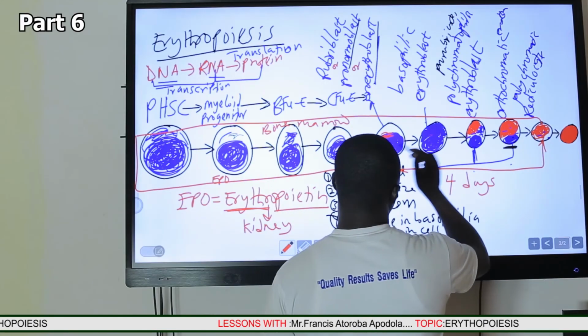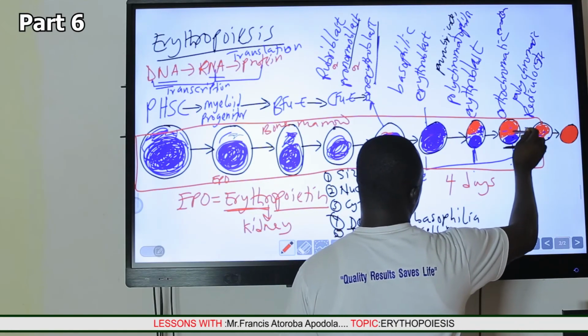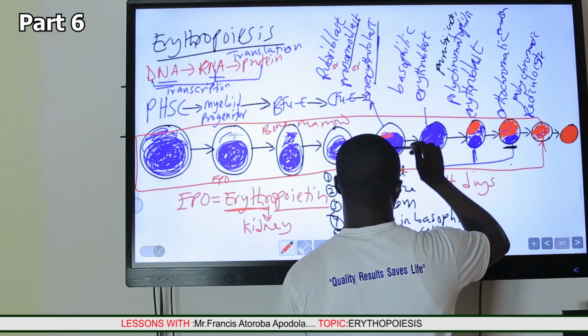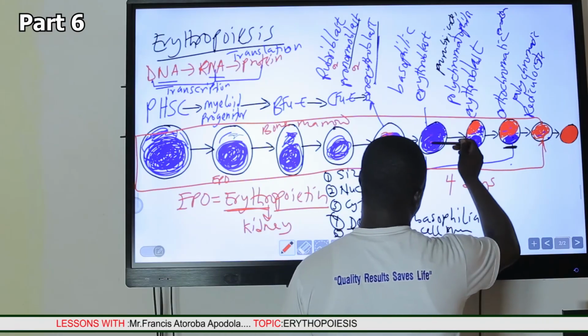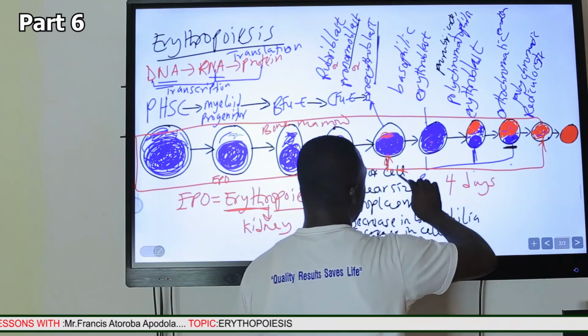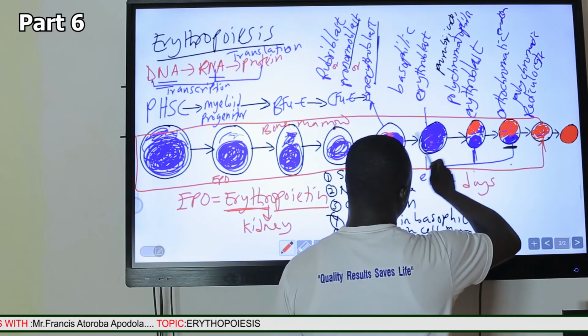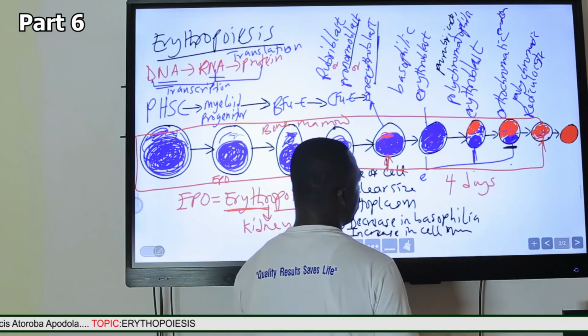So it's actually 4 days from the pro-erythroblast stage. Each of the stages after the pro-erythroblast stage takes approximately 1 day. So that is 4 days.